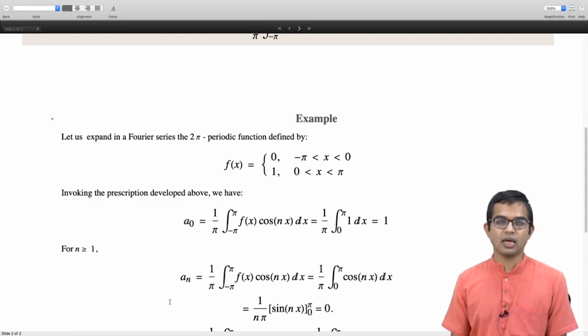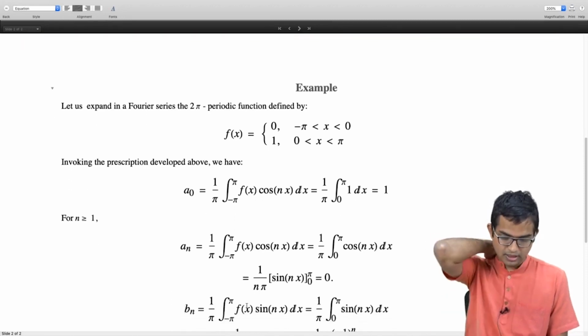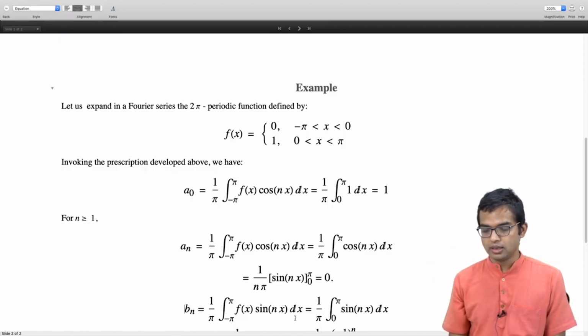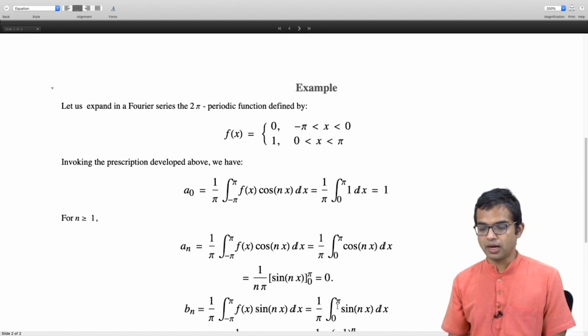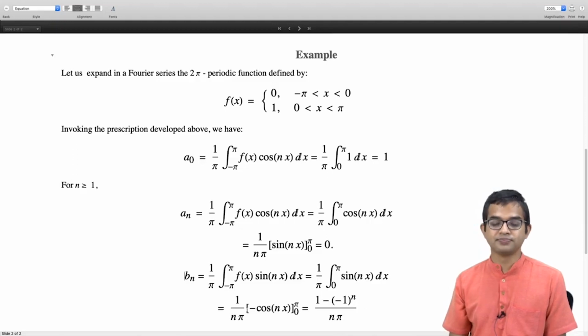So a_n is 0 if n is greater than or equal to 1, and b_n likewise is an integral which needs to be evaluated only in the interval 0 to pi, because f of x is 0 in the interval minus pi to 0. So we have 1 over pi, integral 0 to pi of sine of nx dx, which gives us 1 over n pi times minus cosine of nx from 0 to pi.